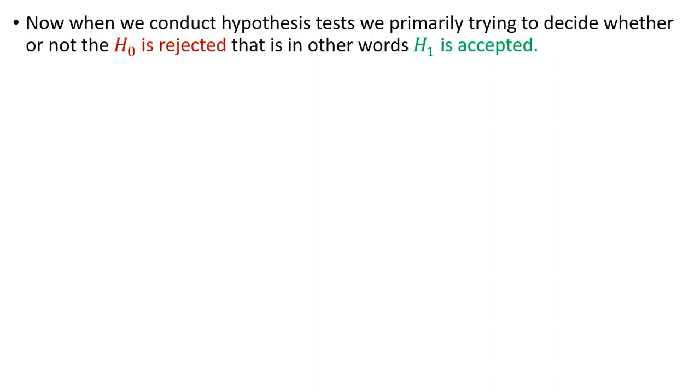Now when we conduct a hypothesis test, we are primarily trying to decide whether or not the null hypothesis H0 is rejected. In other words, H1 is accepted. So we are concerned with the rejection of the null hypothesis, and in what region it is rejected.